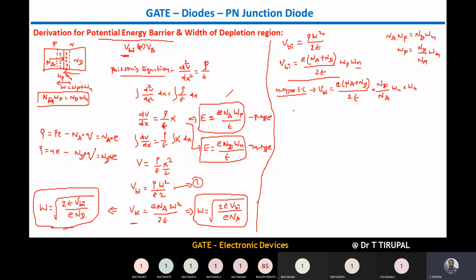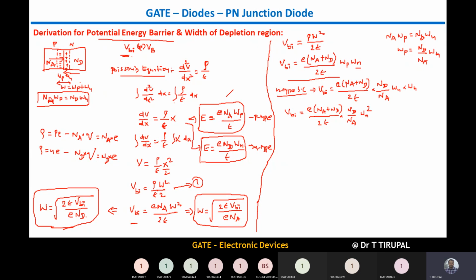Now built-in potential VBI is equal to q into Na plus Nd divided by 2 epsilon into Nd by Na into Nd divided by Na into Wn square.